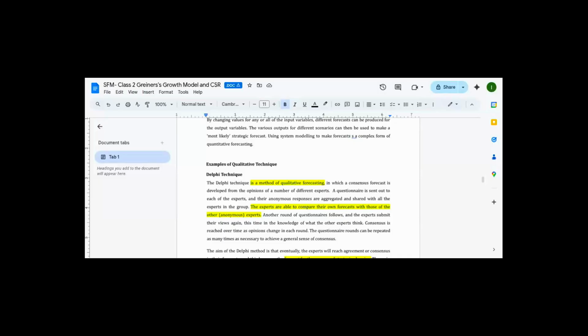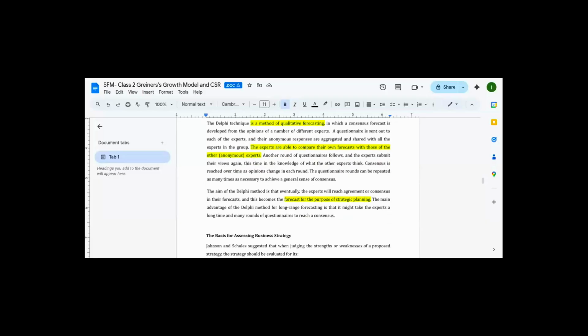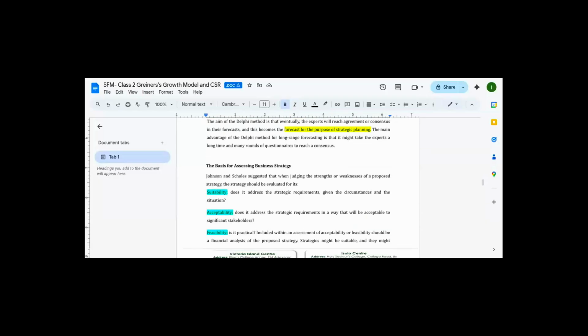Even some companies, under qualitative techniques, do what we call a consumer panel. They can call some of the consumers, likely major consumers that buy in bulk, and ask them to predict the likely quantity of the product they can sell between now and December. That can be a basis of our forecasting too.